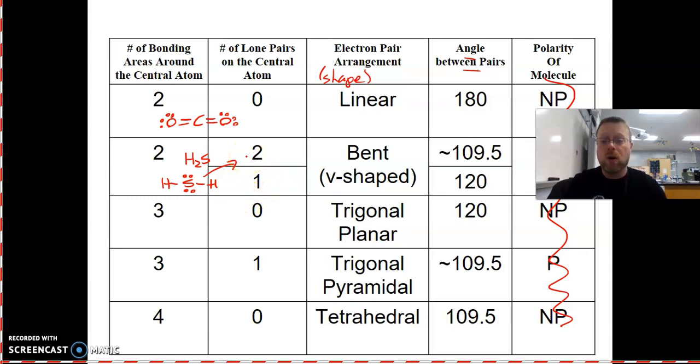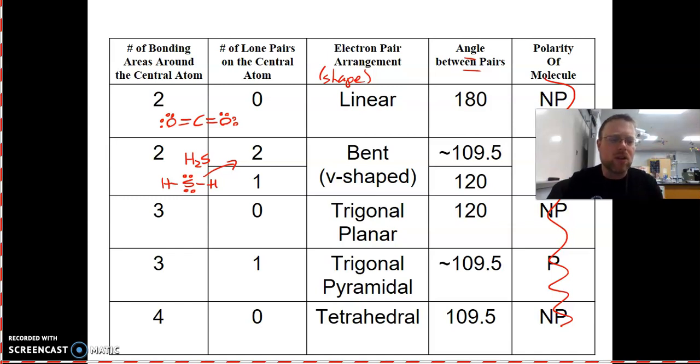And you'd have 2 atoms connected to the middle and 2 lone pairs. Now total, that's 4 things trying to get away from each other. So total, that's more like this scenario where we had all 4 things trying to get away from each other, evenly spaced around the molecule. But you've only got 2 of those electron pairs actually connected to other atoms.